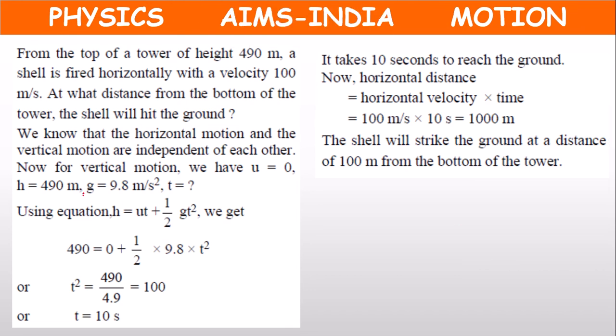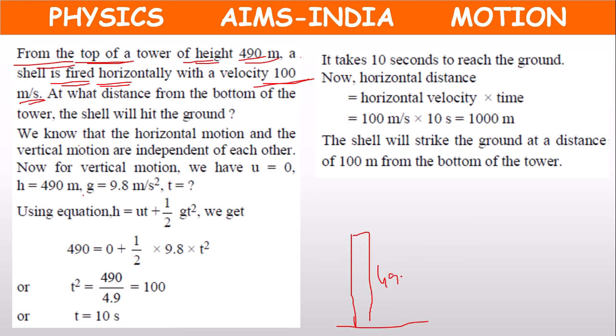Next slide. From the top of a tower of height 490 meters, a shell is fired horizontally with a velocity of 100 meters per second.